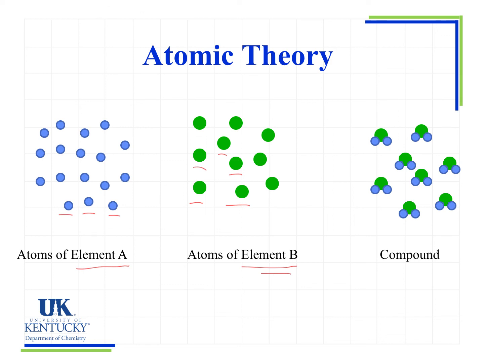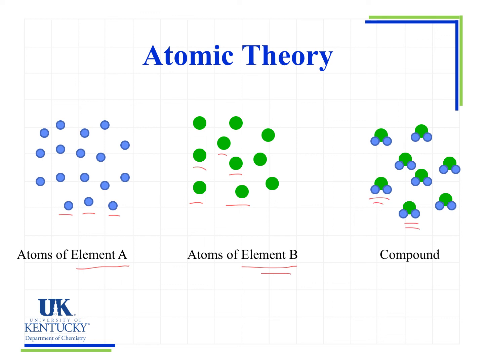And in a compound, as the third statement says, elements are formed together in a specific geometry, and you can see that it forms these compounds. A compound is made from different elements.